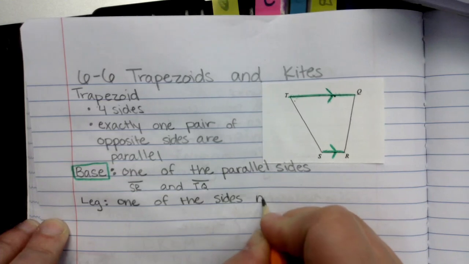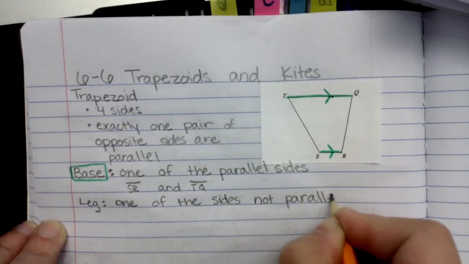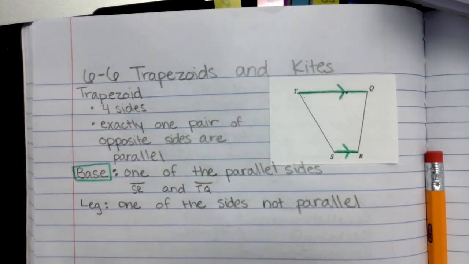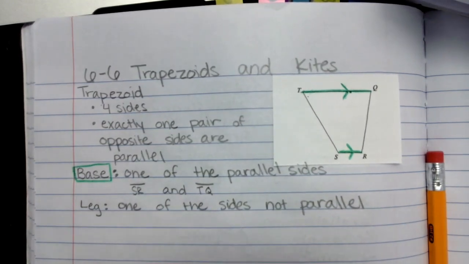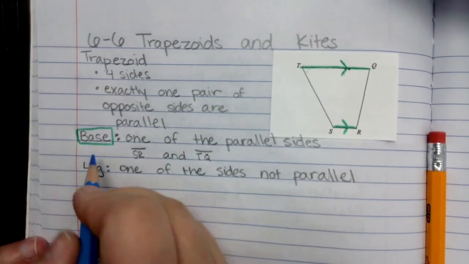Okay, and I'm going to use light blue for that leg. And I'm going to do this pretty consistently throughout our notes. So as we do more problems, I'm always going to use green for my base and blue for my leg, just so it's uniform. Your notes, you choose if you want to keep it the same colors. If you don't, that's okay.